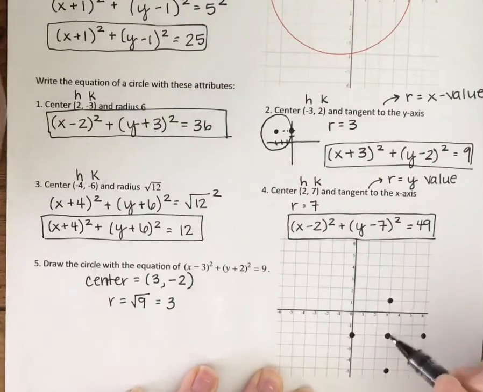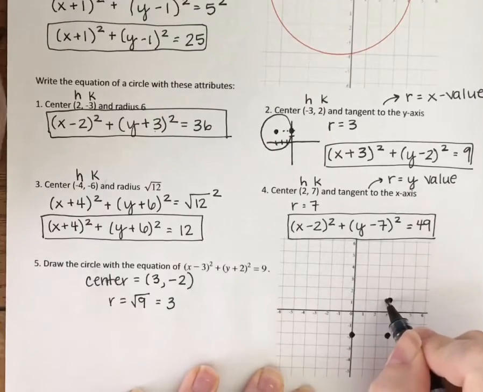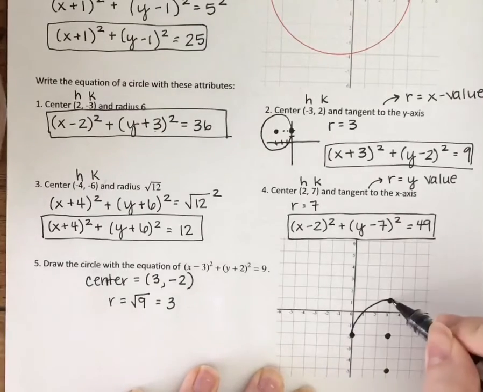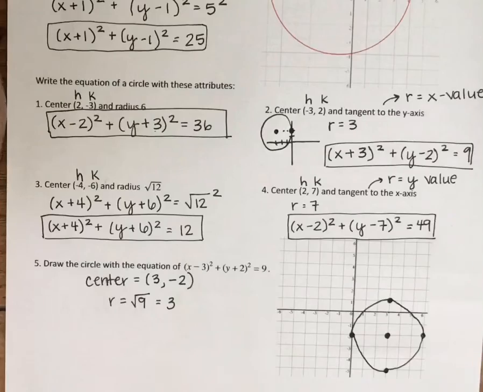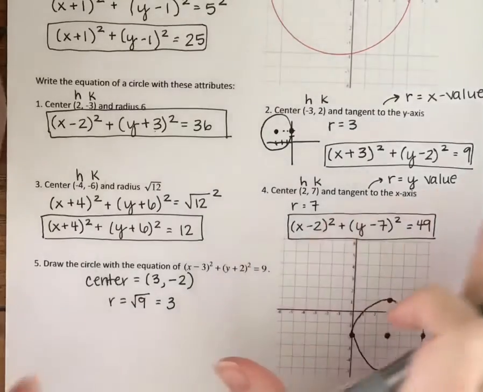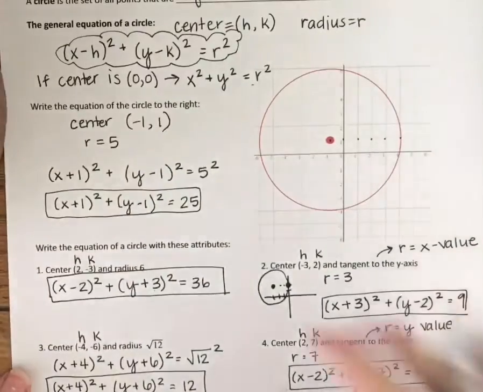So don't have to worry about going diagonal 3 because once I have these 4 points, I can just connect these into a circle. Some kind of great circle I have going on there, but you can imagine. As long as you have those 4 points that have a radius of 3, then you can connect them all the way around. Okay, so there you have it, general equation of a circle.